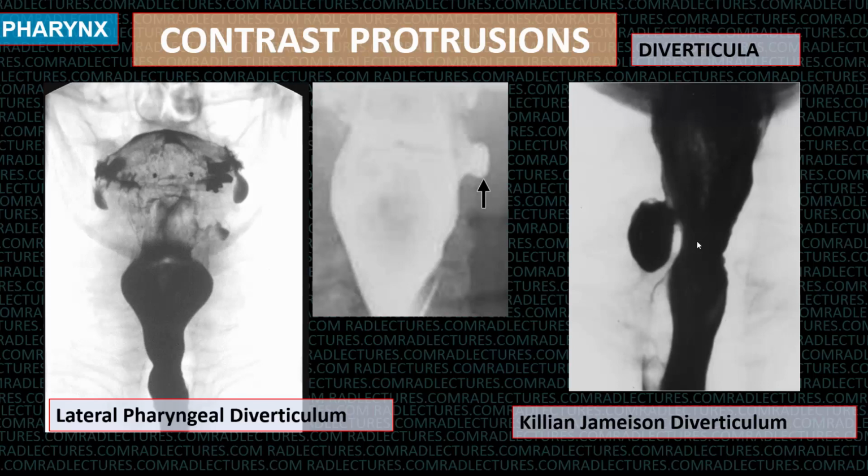The Killian-Jamieson diverticulum does not arise from the Killian dehiscence, which is along the posterior aspect, and that is the origin of the Zenker's diverticulum. So don't be confused. Killian was a surgeon who described the Killian-Jamieson diverticulum as well as the Killian's dehiscence. Therefore, the name is kind of confusing, but Killian-Jamieson diverticulum does not arise from the Killian's dehiscence.